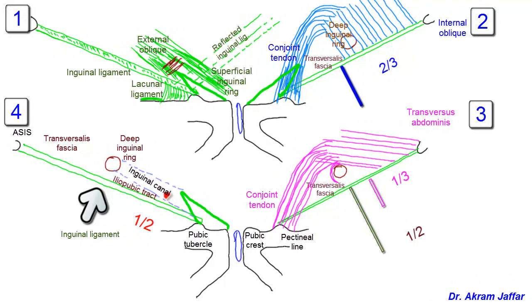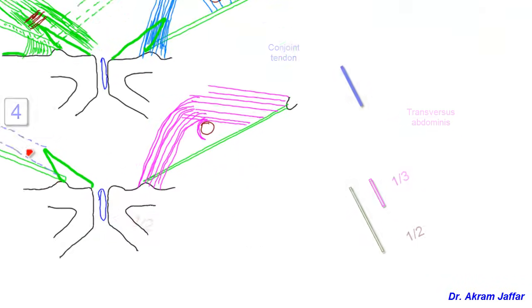So here we have the inguinal hernia, and close to the inguinal ligament we also have the femoral hernia that might develop. To better understand the inguinal region and where the hernias pass, let's examine the inguinal region from the inside, in other words, from the inside of the abdominal cavity.